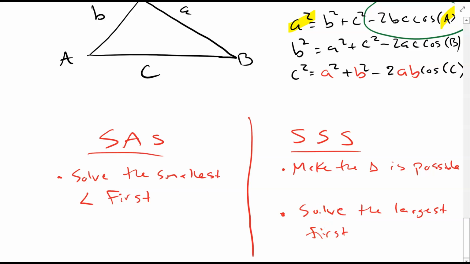What do I mean by make sure the triangle is possible? You can't just throw any three numbers together and make a triangle out of those side lengths. What has to be true for the triangle to be possible?